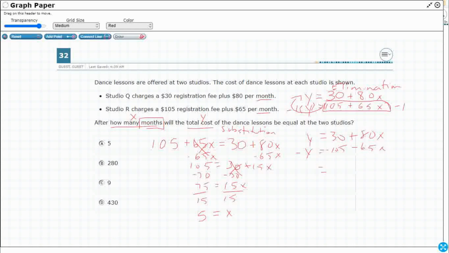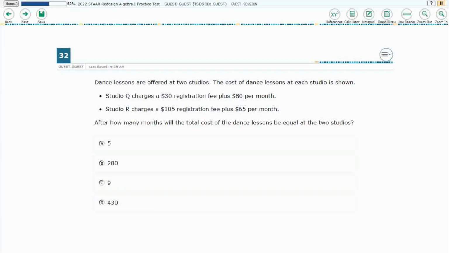Well, look what happens. y minus y is 0, and I'm going to get -75 plus 15x. I got rid of my y. So if I add 75 to both sides, look what I'm going to get. Look familiar? That's the other way, that's elimination. But either way, our answer here is going to be A, 5.